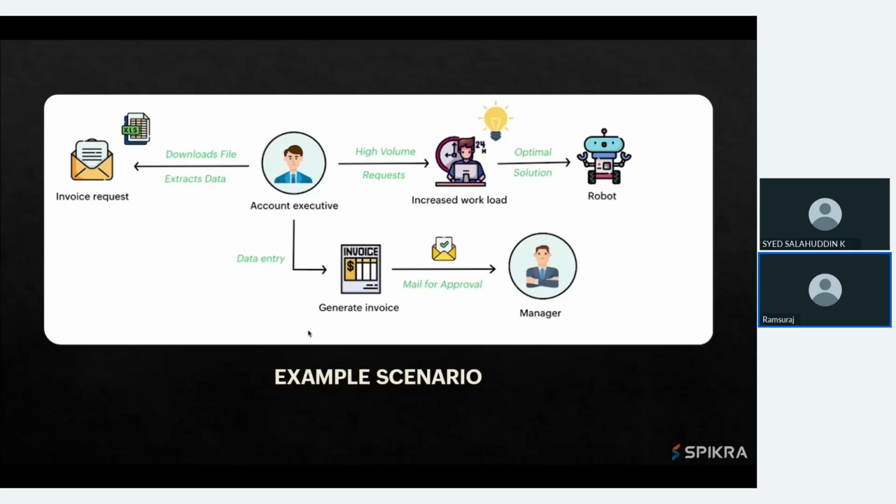The account executive has to extract the data first, whether he downloads it from the website or takes it from your system, where it is stored at particular scheduled times. Then the executive needs to do data entry with those invoices and bills in that folder into some invoice tool, like Zoho Invoice or Zoho Books.